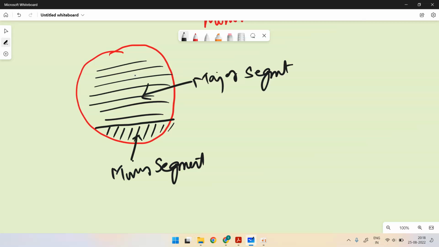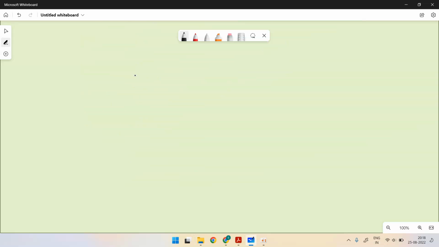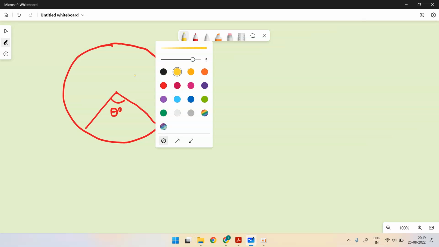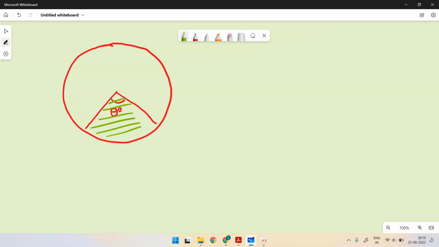Now how to calculate the area? Suppose this circle is given with radius r, and this angle is theta in degrees. You need to find the area of this sector, shown in green color.